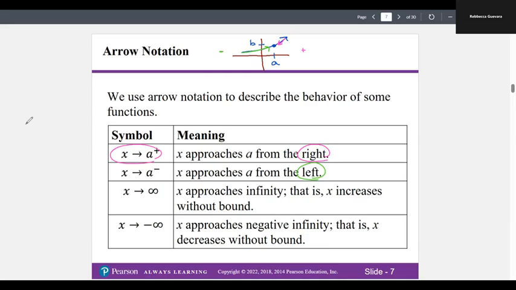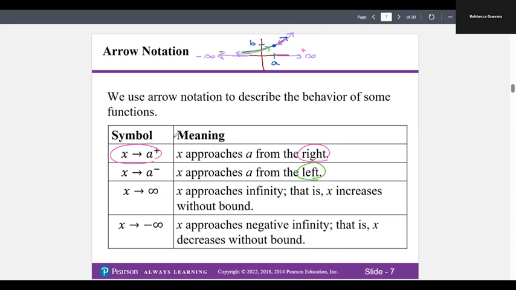So what we have here is x is approaching infinity, meaning x is going this way. And this way means x is approaching negative infinity. So we're trying to figure out what's happening to my x values as I go toward positive infinity. What happens to my x values as I go to negative infinity?